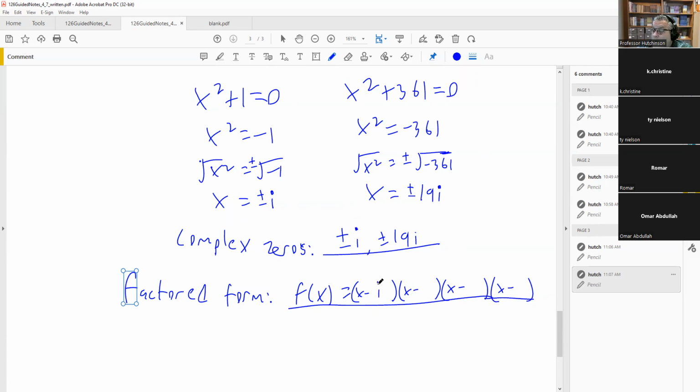So I have x minus i, then I have x minus negative i, which will be a plus i right here, and I have 19i, and then I have plus 19i on the end right there. Okay, so I have x minus i, x plus i, x minus 19i, x plus 19i, and I have all those written out there. And that's the factored form that they want you to put in for these. They do want you to include the i's when you do that.